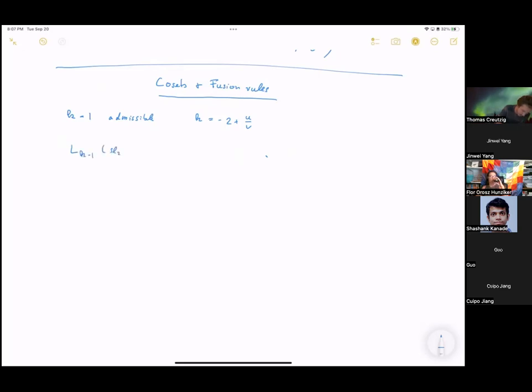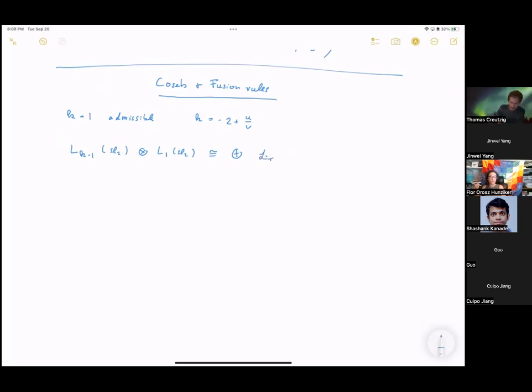We take the simple affine vertex algebra at the admissible level k-1. We tensor it with the lattice VOA of SL2, the affine vertex algebra at level 1. Then we have a diagonal action at level k, and this action is given by the simple algebra at level k. And now I use the notation of my previous lecture.